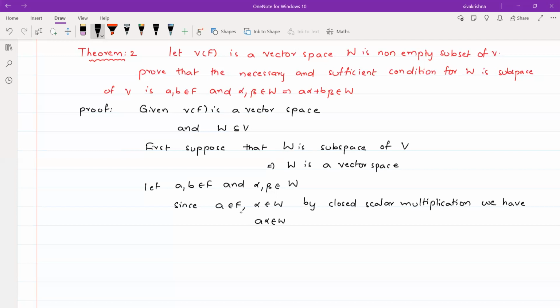The first condition is the abelian group condition. Coming to the second condition, that is closed scalar multiplication property.